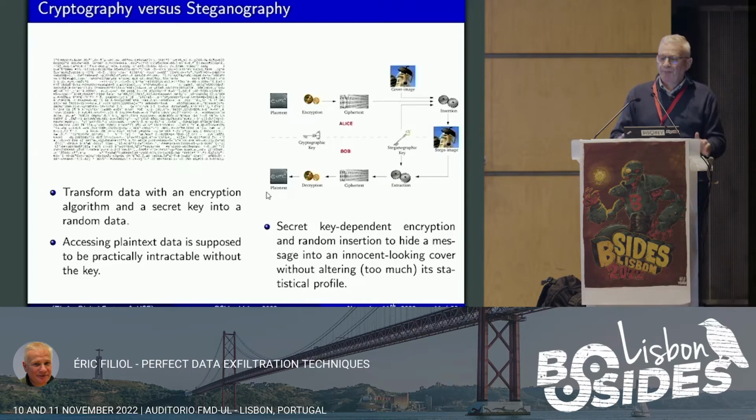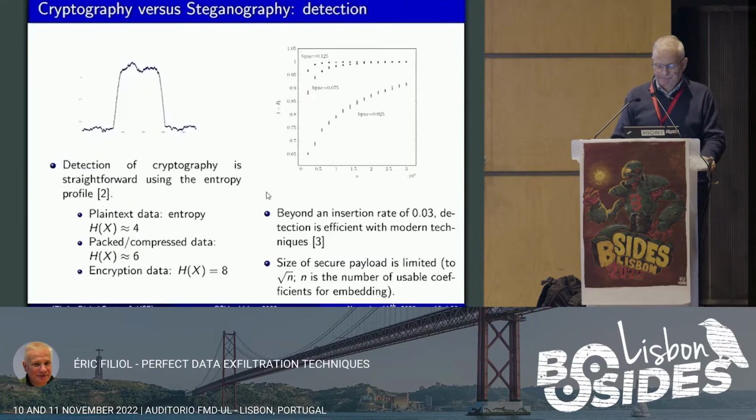It was a limited use, but it has proven to be the case. So when we compare these two techniques, what are their relative security? In fact, in both cases, the detection is rather easy. On the left, to detect cryptography, here you have the analysis of a Windows binary file, which is partly encrypted. We use what we call entropy. Entropy is the amount of uncertainty or randomness, if you prefer, of data.